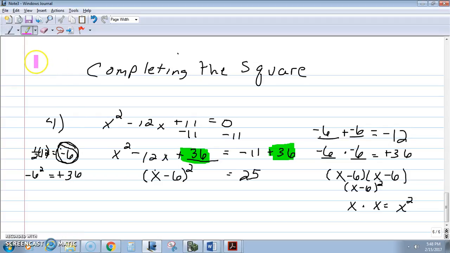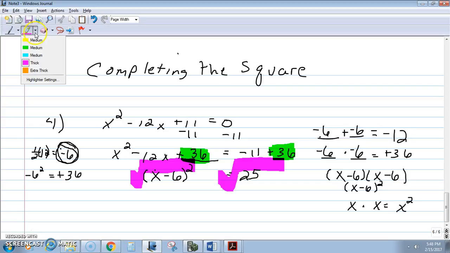The inverse operation of something squared is taking the square root. So I'm going to take the square root of both sides. I know this looks funny, sorry. What that does is it cancels out the 2.